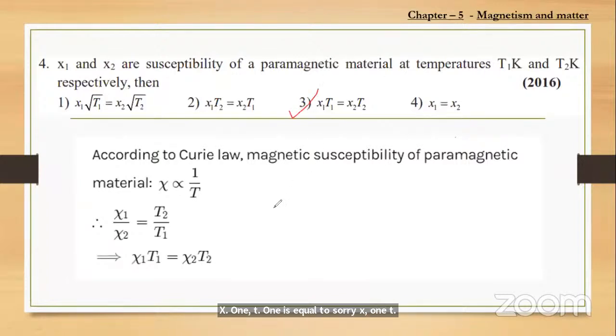So the third option is the right option, because they are inversely proportional, and when you take the product, chi 1 T1 equals chi 2 T2.